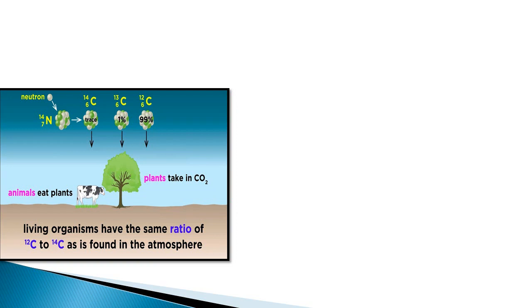Now, when plants and animals are alive, they absorb carbon. Plants take carbon dioxide, and animals and human beings depend on plants, so animals eating plants also consume carbon. Living organisms have the same ratio of C12 to C14 as found in the atmosphere. So when we are alive, plants, animals and human beings are absorbing C12 and C14.